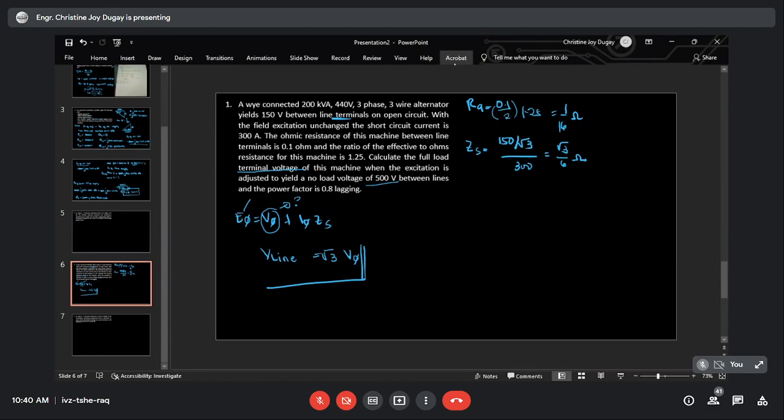Next, that's the value of ZS. What else do we need? The value of XS. XS can be calculated from square root of 3 over 6 squared less 1 over 16 squared.